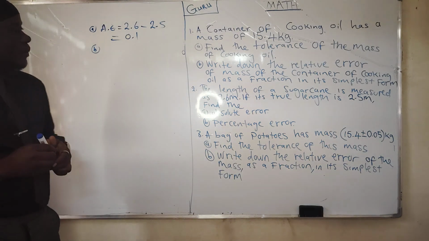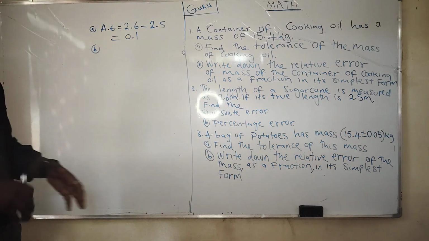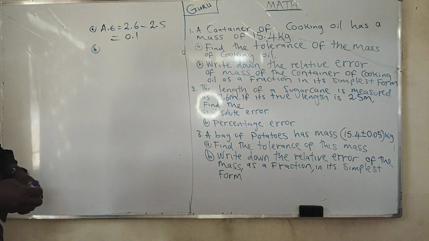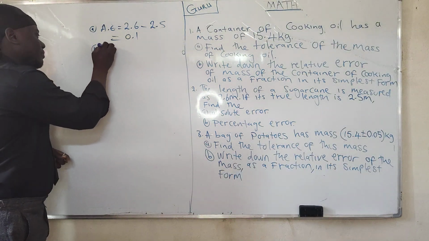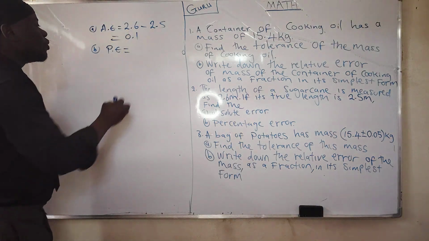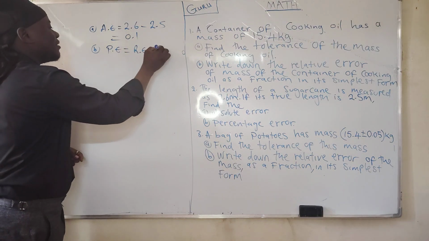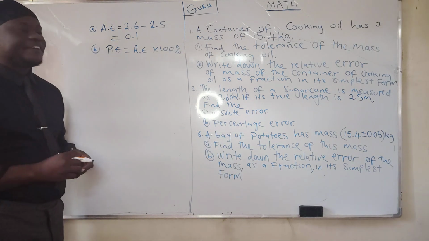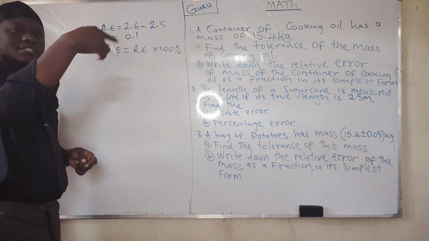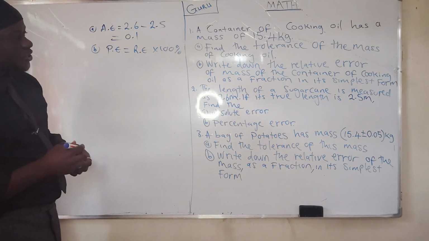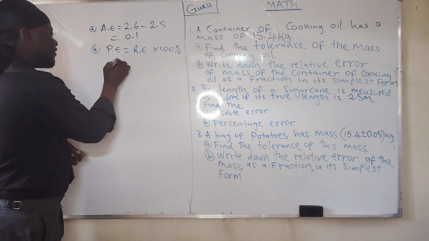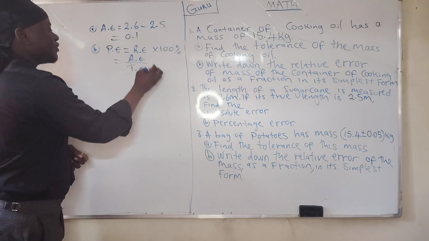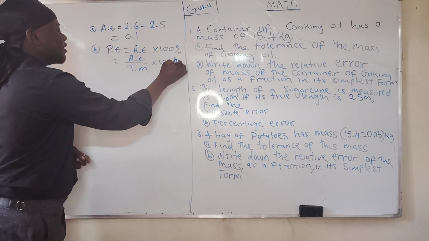Okay. Next now it's B. Percentage error. So for you to find percentage error, you say PE is equal to relative error times 100%. That's how you find percentage error. Relative error, the same formula I showed you on the first question, where you say relative error is absolute error over true measure times 100%.